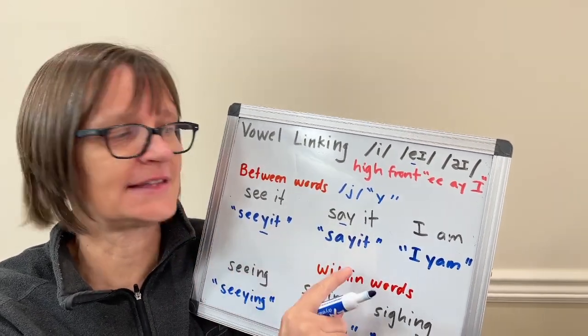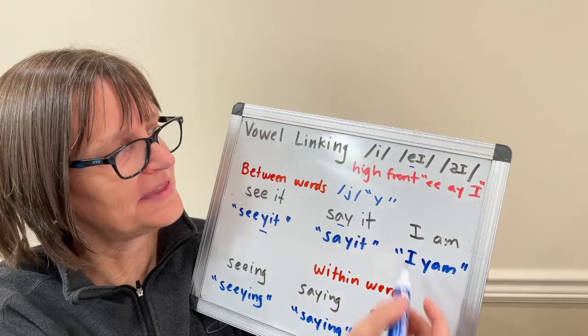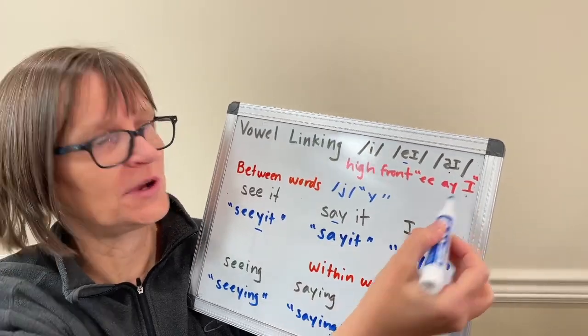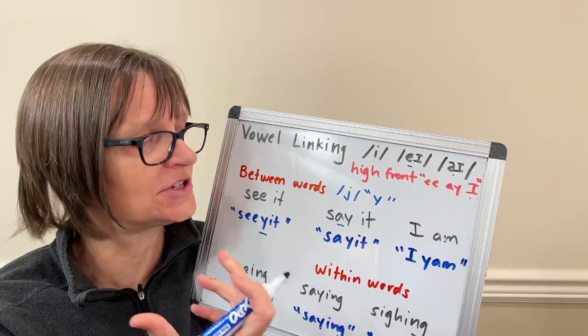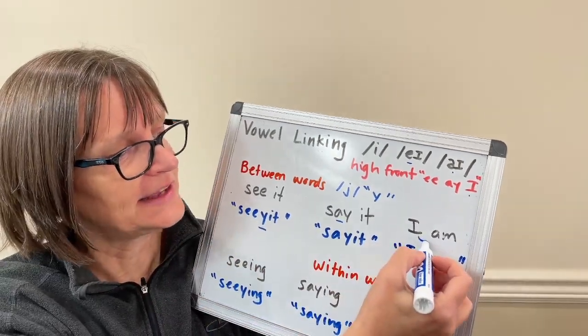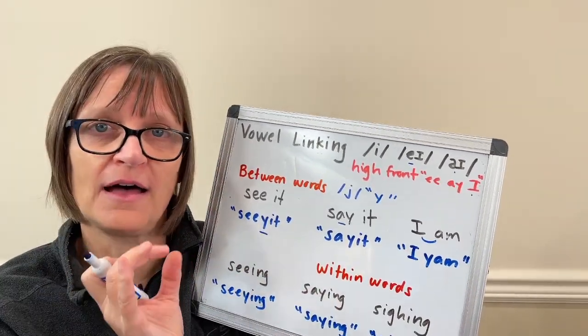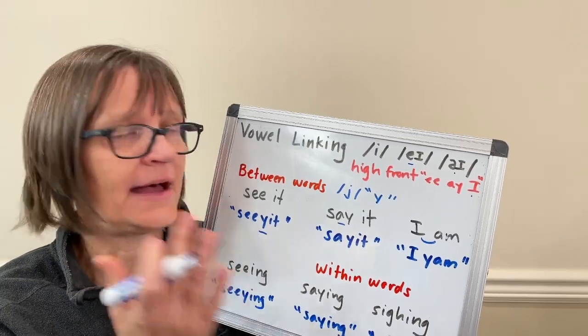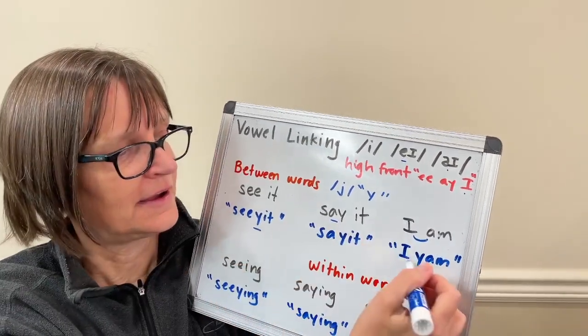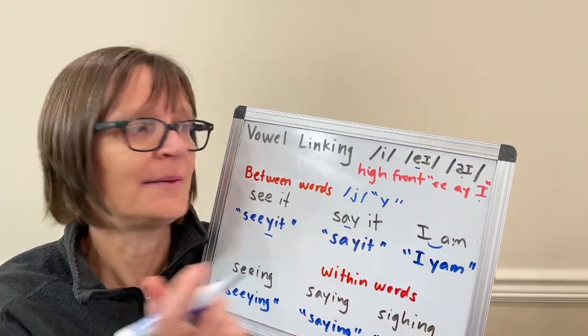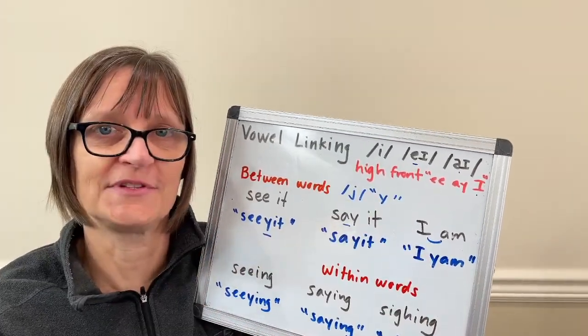And then the same thing for the I diphthong, which we often spell just with letter I or letters IGH. As I link to another vowel from I am, I don't break. It's not I am with a hard stop in there. I naturally link it together, I am, and this gliding y sound happens there.